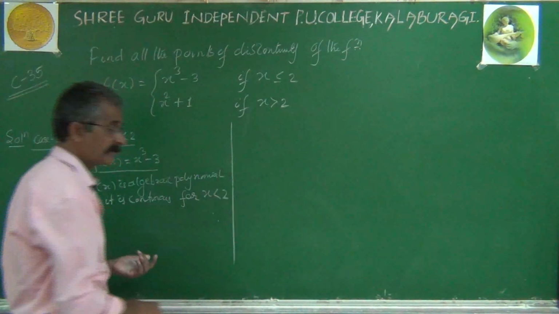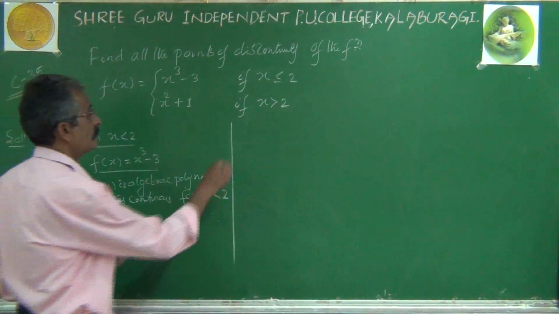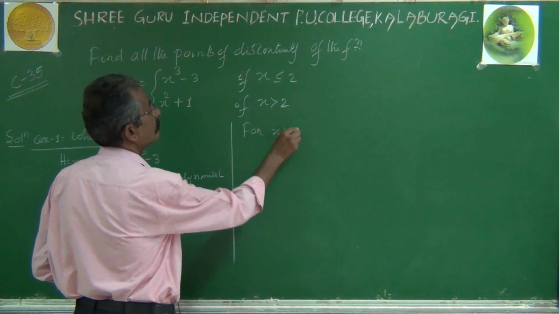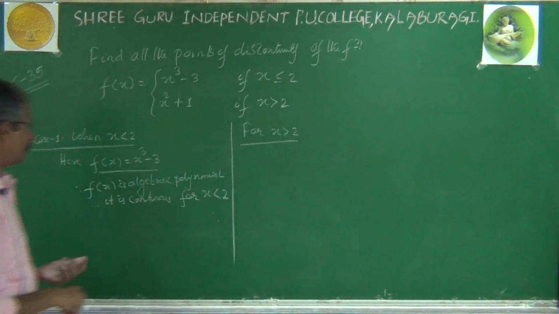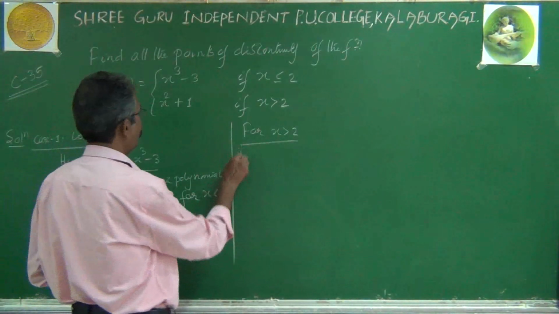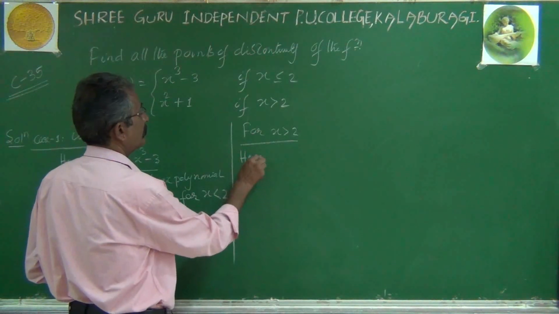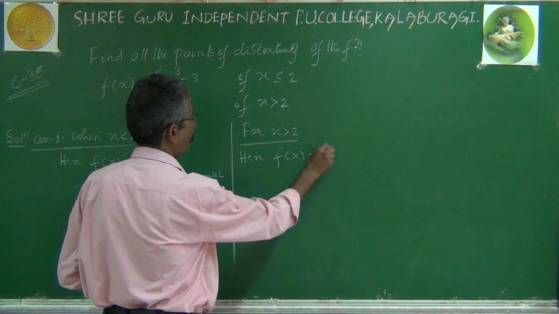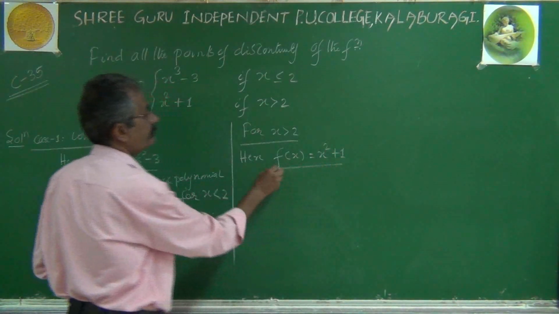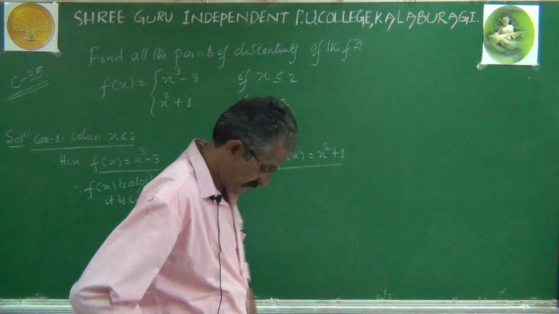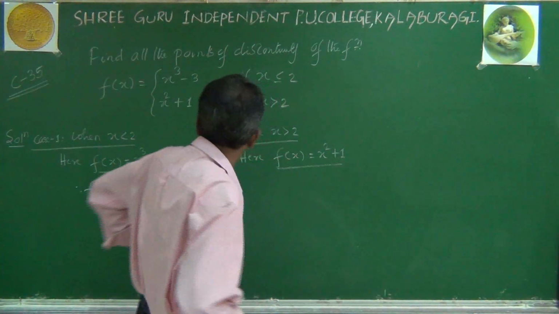Next, for x greater than 2. So case 2 you can take. When x greater than 2, here f of x equals x square plus 1. But what is x square plus 1? It is also an algebraic polynomial, so it is continuous.